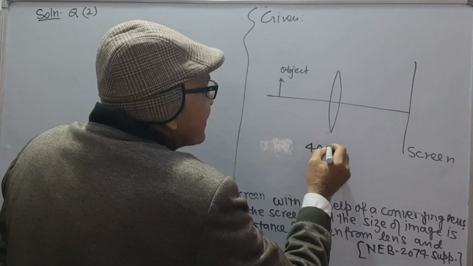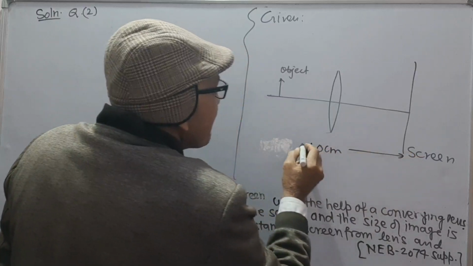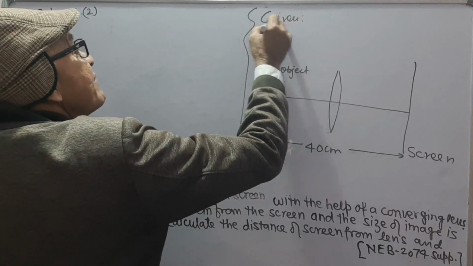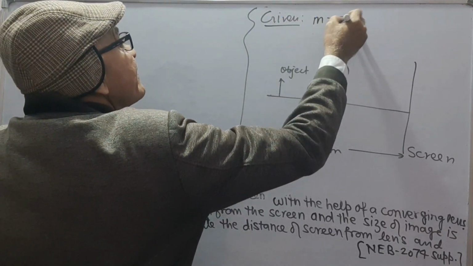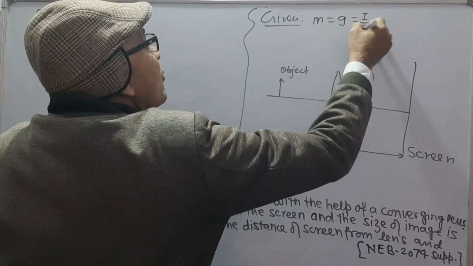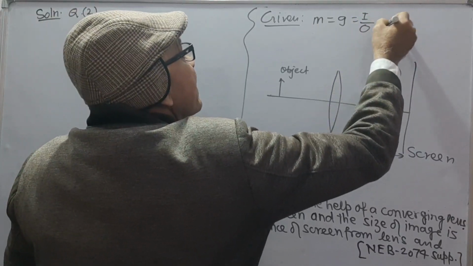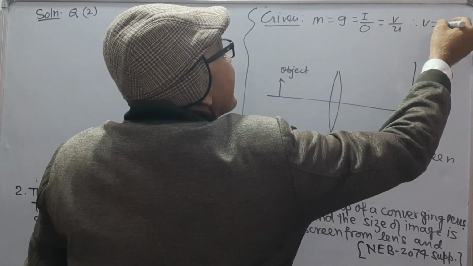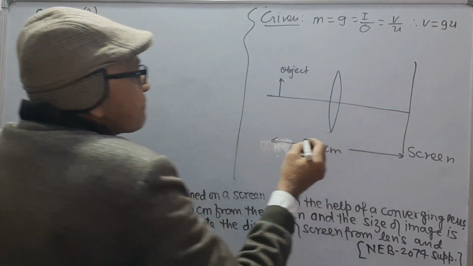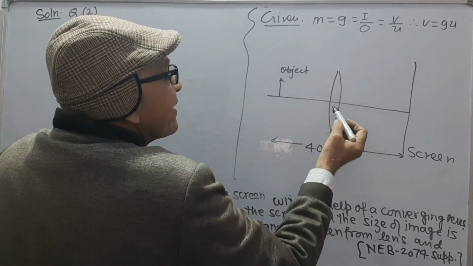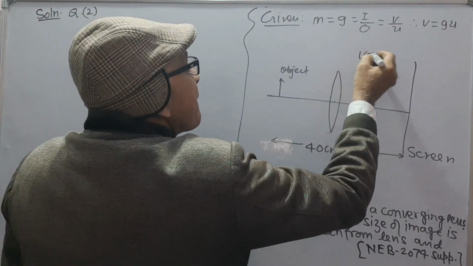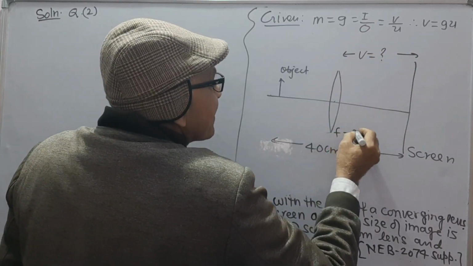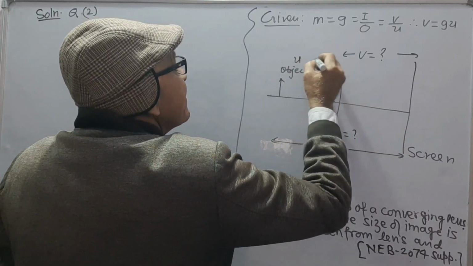Distance of object from screen is given to be 40 cm, and magnification m is 9, means I upon O is equal to V upon U. Therefore, V will be equal to 9U. We have to find the distance between lens and screen, means V, and we have to find the focal length. This distance is U.